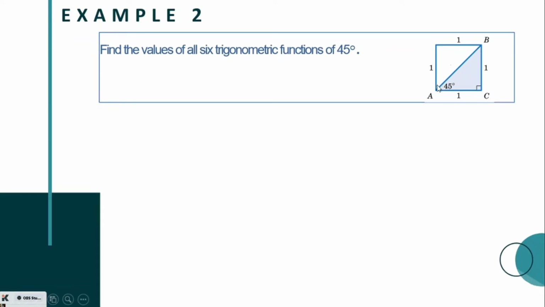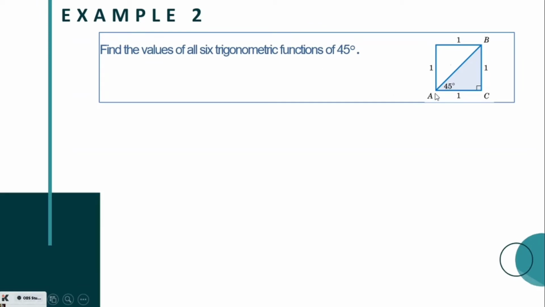Since each of the angles in a square is 90 degrees, if we divide it by 2, then we can create a 45 degrees angle. So we can use this figure here to answer our example number 2.